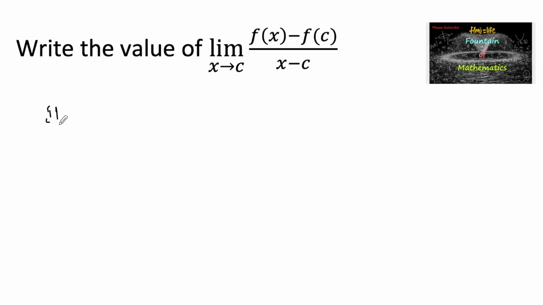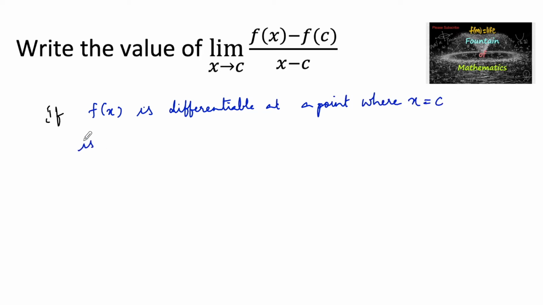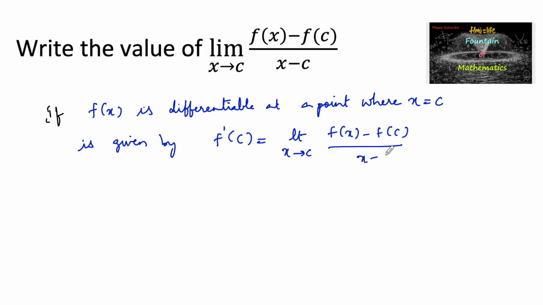We know that if f of x is differentiable at a point where x is equal to c, it is given by f dash of c is equal to limit x tends to c of f of x minus f of c upon x minus c.